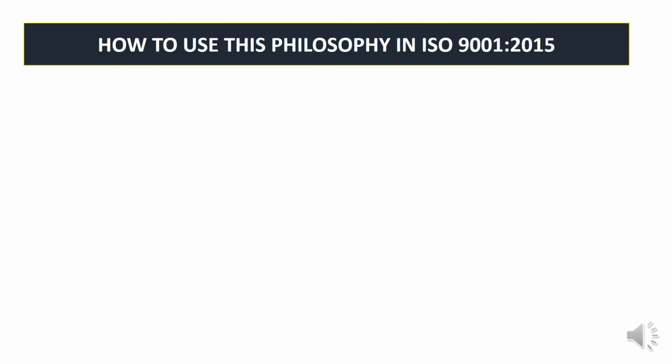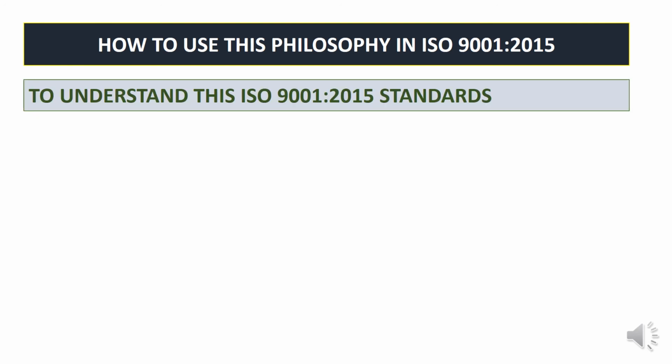So just to understand the basics, whether you go for implementation or training or to understand ISO 9001:2015 requirements, this is how we can use this philosophy. First, as I told, to understand, you have to go with the process approach, the sequencing, and plan, do, check, act. While getting training or while reading the standard, it is very important.